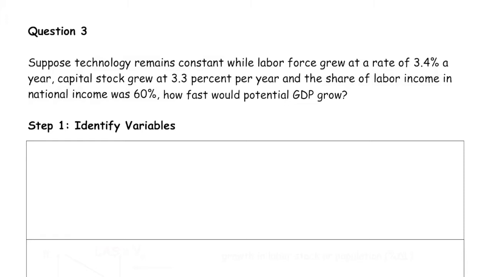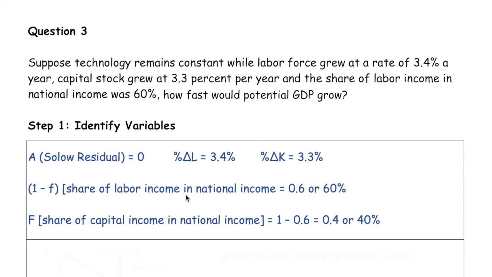So in this particular case, what we're essentially dealing with is the Solow growth model for growth in YP. In my opinion, whenever we're dealing with such a problem, the very first step that I would recommend is to simply go through the problem and to identify the variables that are involved. So in this particular case, the variables that are offered are as follows.